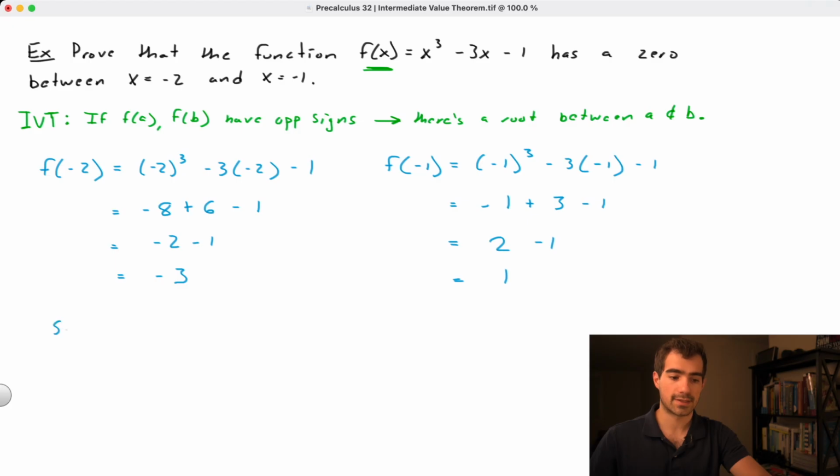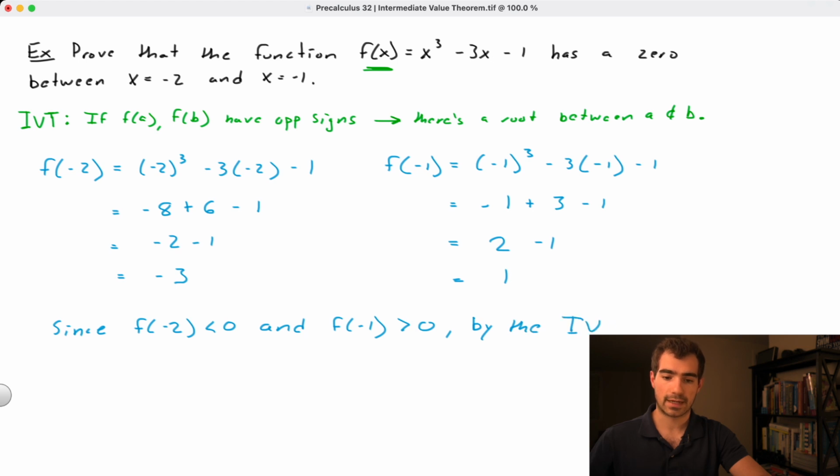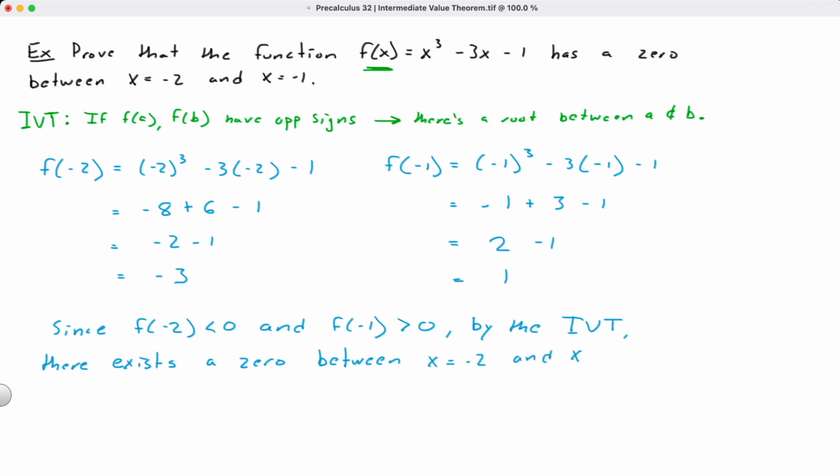And so since f of negative 2 is less than 0 and f of negative 1 is greater than 0, by the intermediate value theorem, which we'll just abbreviate IVT, by the intermediate value theorem, there exists a 0 between x equal to negative 2 and x equal to negative 1.